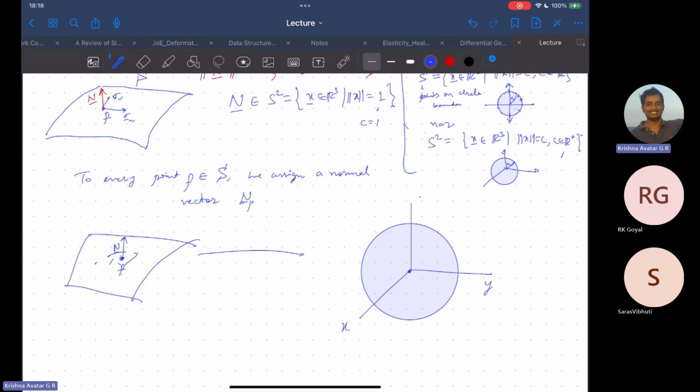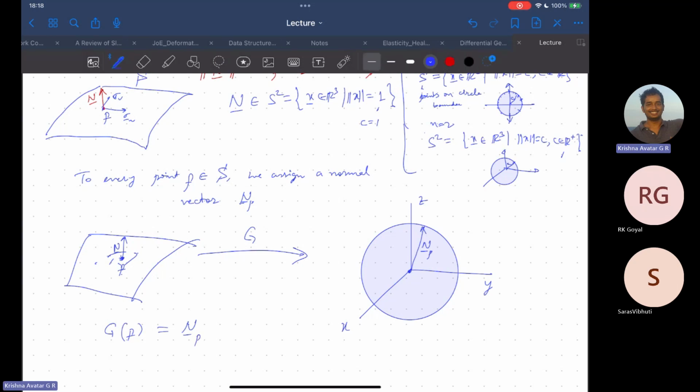So x, y, z, this is a sphere, and this is going to be the normal vector NP, and this is just a map. This map is called the Gauss map G. So G will take a point p and give us the n vector at the point p. Nothing special. It's very simple looking.